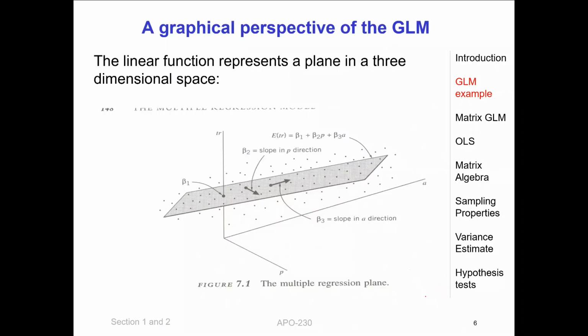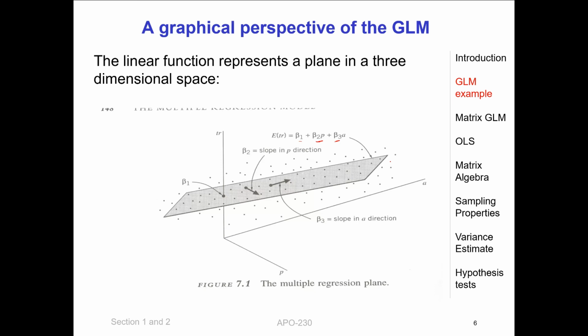Now, if we try to present this relationship on a 3D map, because now we have 2 variables, because you have 2 explanatory variables plus the intercept, then this can be viewed as a plane, not just a line of the dependent variable against one explanatory variable, but a plane.